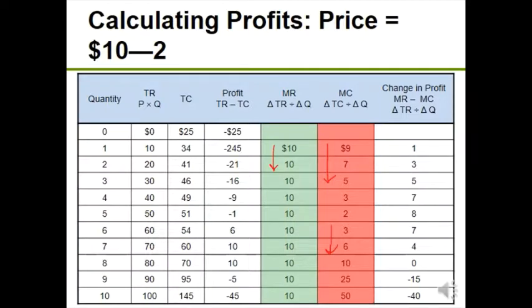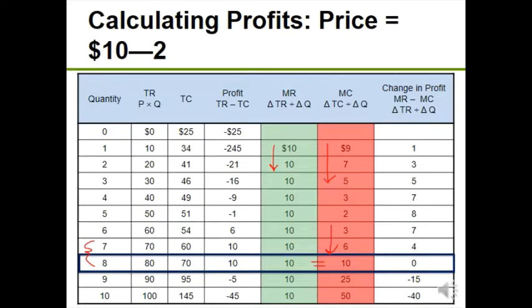Now, using this table and using the rule we derived already, can we calculate where the firm maximizes total profits? Well, last time we said it would be either at 7 or 8 units. But now that we have this table, we can say at 8 units where marginal revenue is equal to marginal cost.